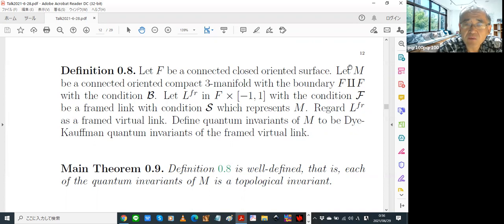Always, for any M, there is a framed link L with condition S.